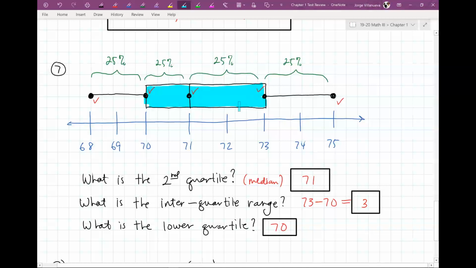There's going to be a question like that on your quiz or your test where they're going to say, hey, from 70 to 75, how much information is being held? What do you guys think? From 70 to 75, 75%. If they say from 68 to 71, how much information is being held? 50, okay? They're going to ask you something like that.